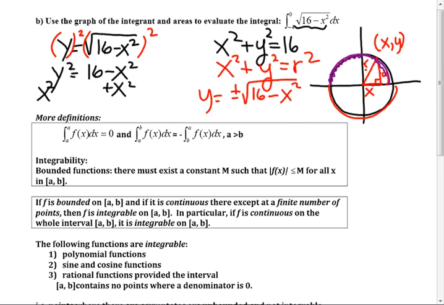And where am I going to stop on this? I'm going to go from negative 4 right here to 0. What part of the circle do I have? A fourth. You see, I'm not going to do the bottom half. There's not a minus there. So what's the formula for 1/4 of a circle? It's 1/4 pi radius squared. What's the radius here?